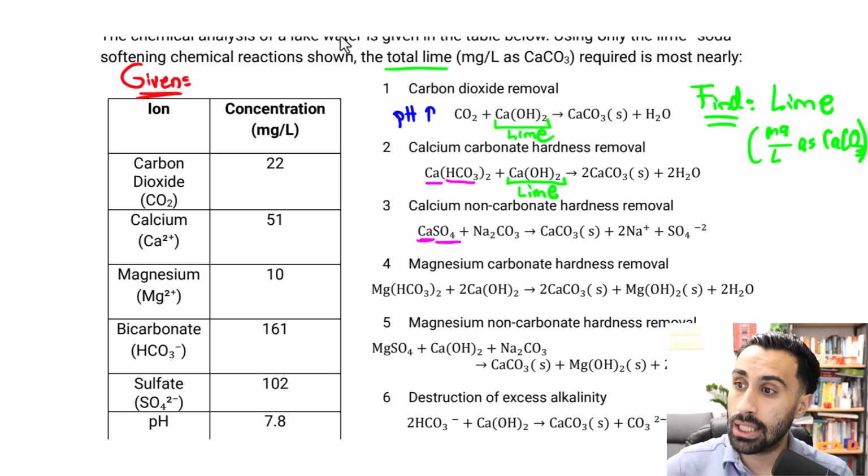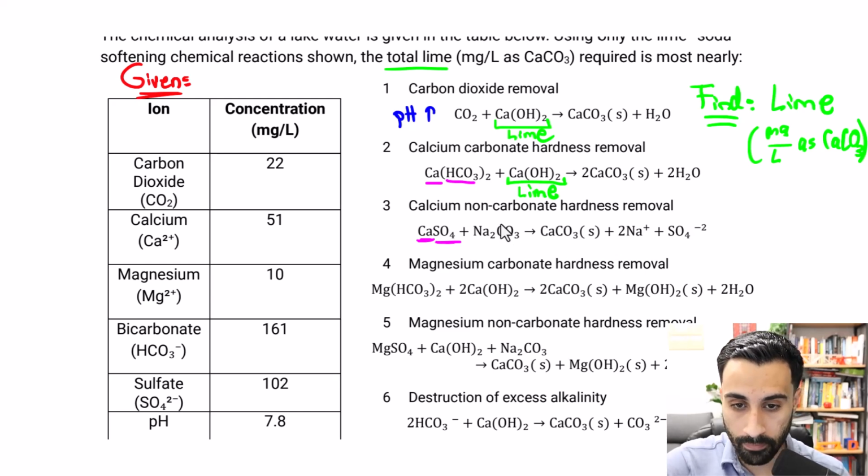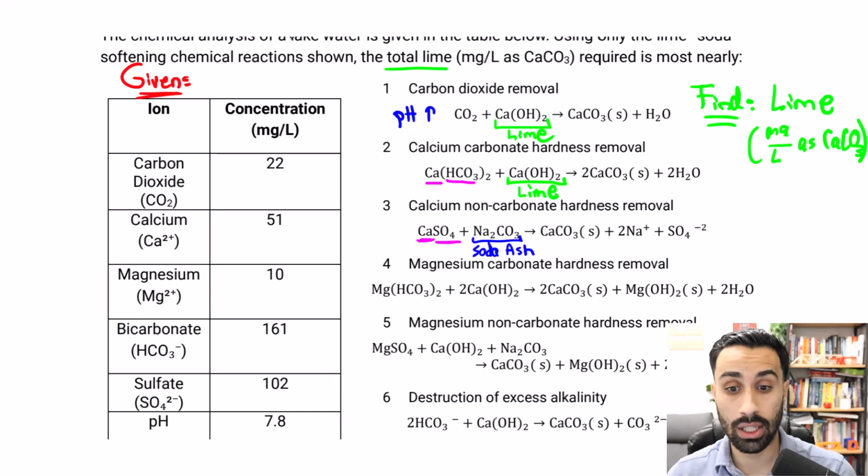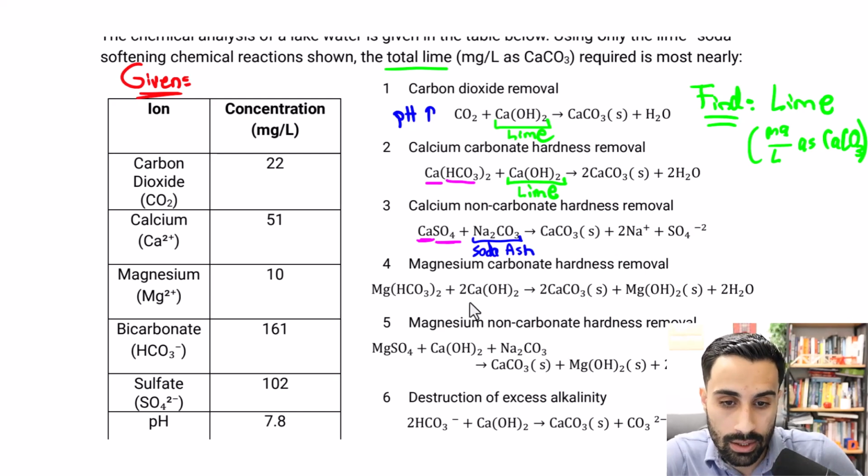And we do that in this step using the soda ash. That's going to be the sodium carbonate. Let me denote that right there as the soda ash. That's important because this question could have asked, what's the total soda ash required? That can be calculated. You can post that in the comments below and let me know what you get at the end of this.